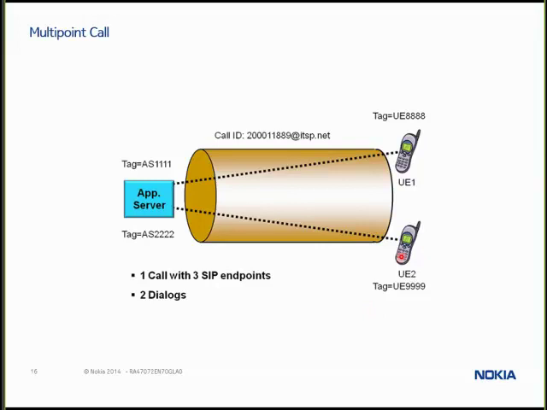Charles, can you please explain when does the application server endpoint get involved typically? That's a great question, because typically when we establish a call, the subscriber does not know the location of the other subscriber. So it establishes a dialogue with the server, and then the server finds the other subscriber. And that's when we would have this scenario.